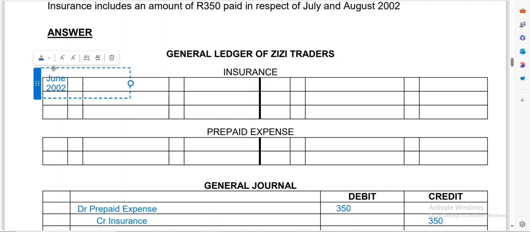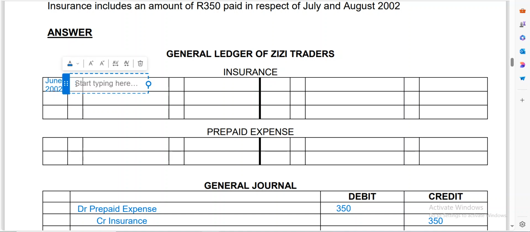Maybe I need to try and reduce this. So here's the date. Remember, it's June 2002, and then the day here is the 30th. So we'll just write the 30, and then we'll write total paid, or we can just say total payment.